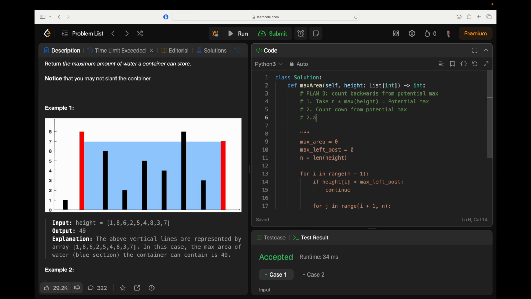Step 2a, I guess, because it would be a loop. Check to see if any combination forms max.